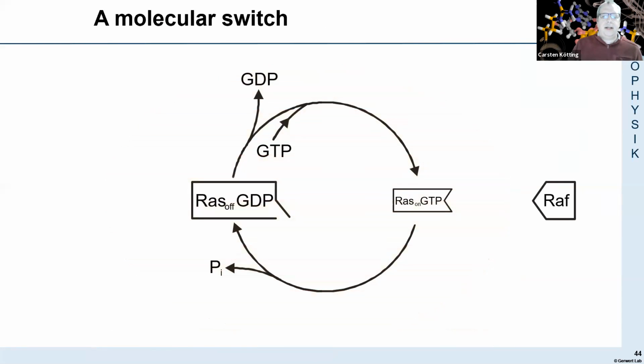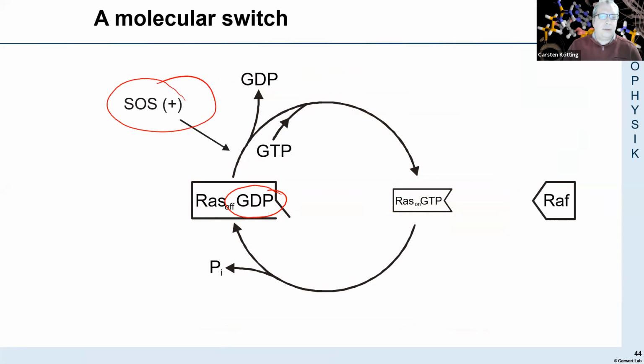Let's enlarge this switch here of the RAS. The switch functions in a way that with GDP, the diphosphate, the RAS is in the off state, and then upstream, if this growth factor binds, by some adapter protein you bring this so-called SOS protein to the RAS, which opens the binding pocket, and then the GDP can go out of the binding pocket, and the GTP, the triphosphate, will go into the binding pocket.